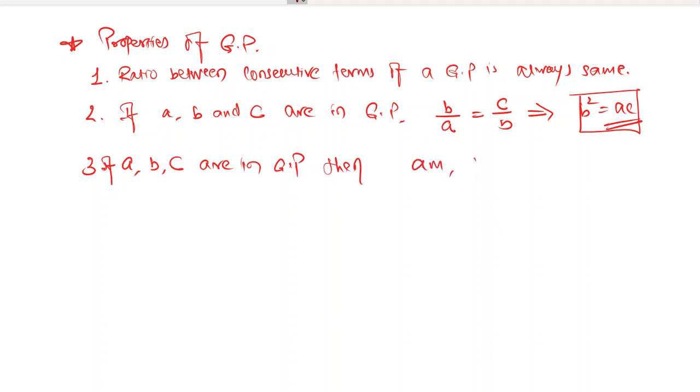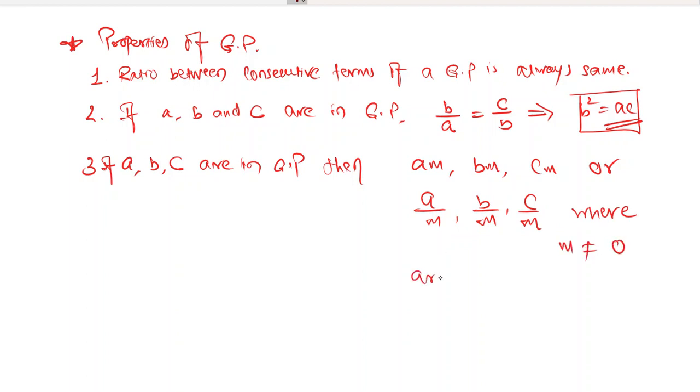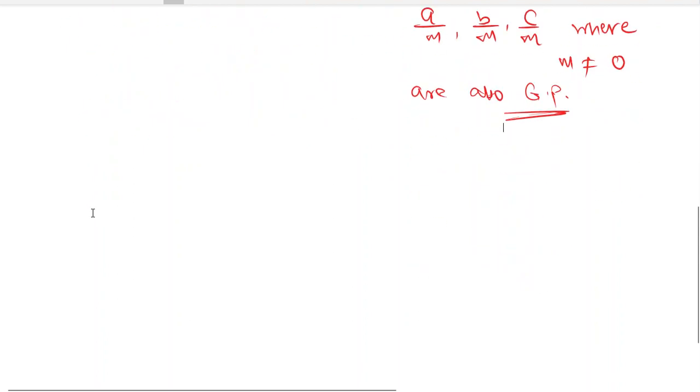Then AM, BM, CM, or A by M, B by M and C by M, where M is not equal to 0, are also in GP. If all terms of a GP are multiplied or divided by the same non-zero number, then the resulting numbers are also in GP.